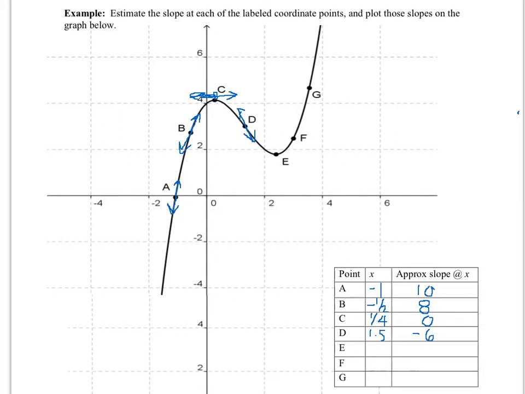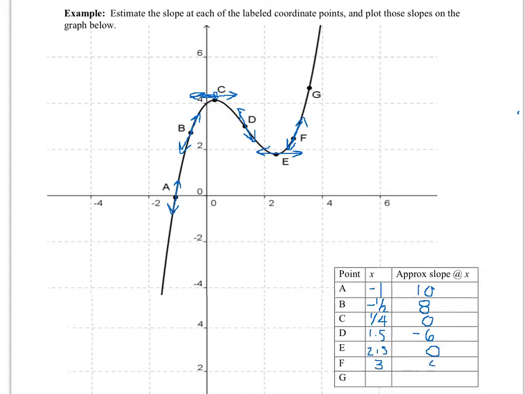At coordinate point E, again, we've got a horizontal tangent, so that should be 0. And I'm going to call that coordinate point 2.5. At F, sketching it in, I'm going to say that that looks pretty close to what the slope at B was. And that coordinate point for F was 3.